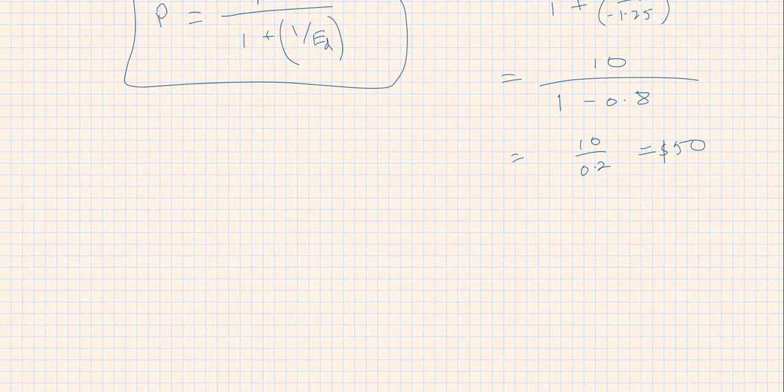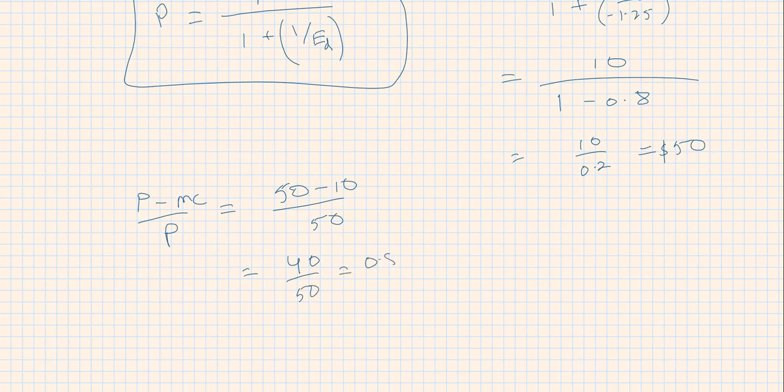We can also verify that our markup, P minus MC over P, which is 50 minus 10 over 50, which is 40 over 50, or 0.8, is also the same as minus 1 over elasticity of demand, which is minus 1 over minus 1.25, which is 0.8.